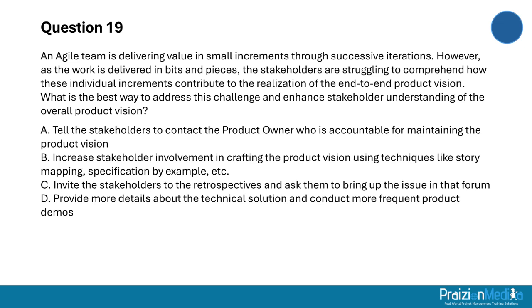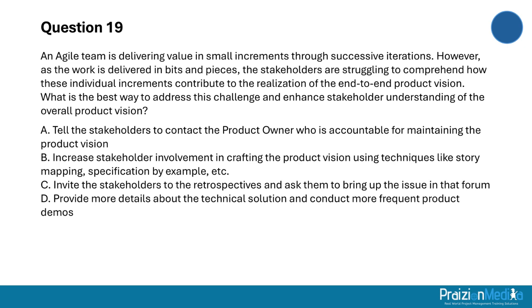D, provide more details about the technical solution and conduct more frequent product demos. If you need more time, do hit the pause button, but I am going to reveal the answer shortly.